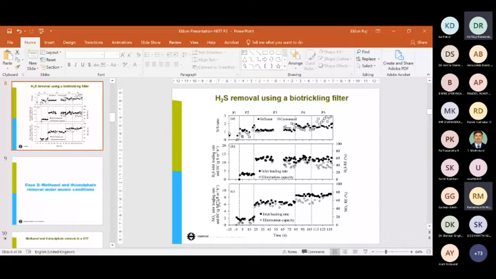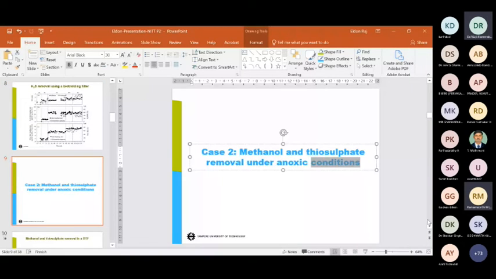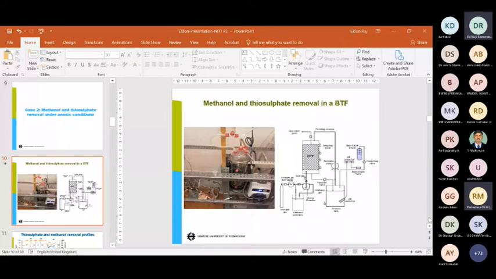And the second case study that I want to show you is methanol and thiosulfate removal under anoxic conditions. So you may ask me, where do we get this type of gases like methanol, thiosulfate, or sulfur containing compounds? In a pulp and paper mill, there are a lot of cleaning activities, bleaching operation. You have the black liquor, and you also have a wide range of volatile organic compounds as well as volatile inorganic compounds.